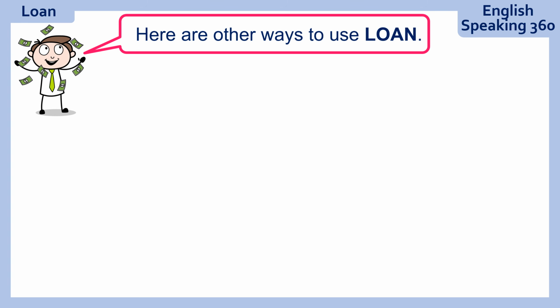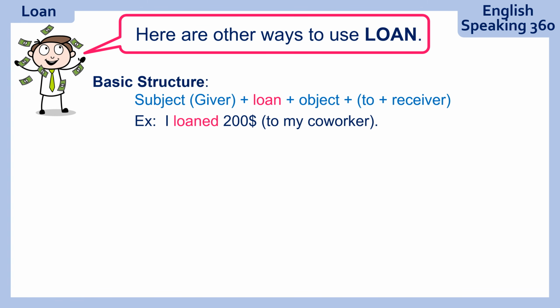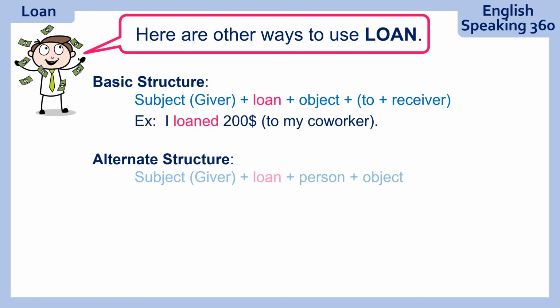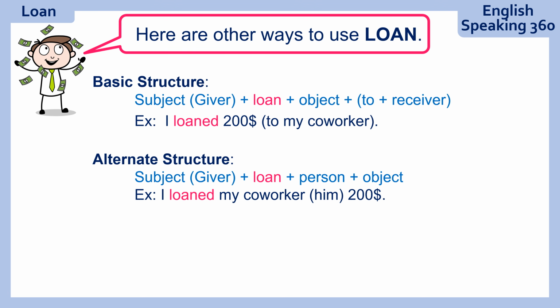Here are other ways to use loan. So we studied the basic structure. I loaned $200. I loaned $200 to my coworker. Here's a different structure. Right here, I loaned my coworker $200. So you can switch the person around. The receiver can go right after loan.